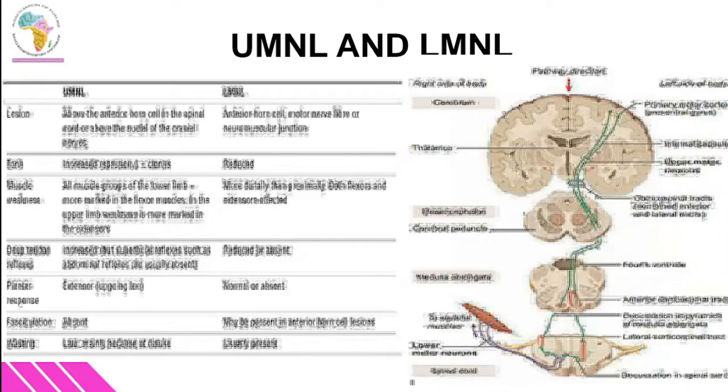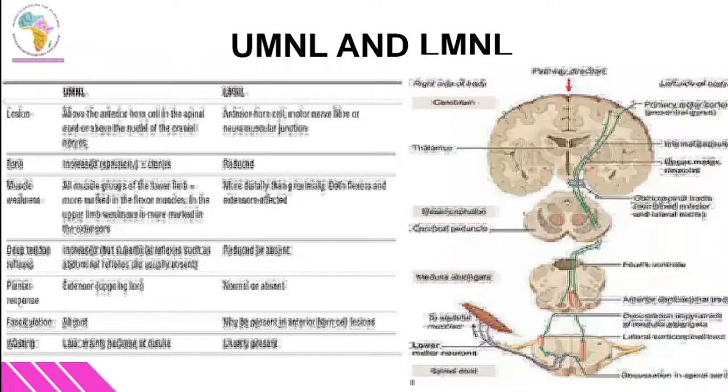They can be differentiated in terms of tone, muscle weakness, the deep tendon reflexes, the plantar responses, and also fasciculations or wasting. To start with, since this is clinical anatomy, we would want to know what really causes these upper motor neuron lesions.